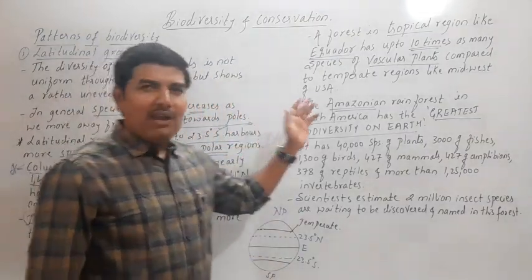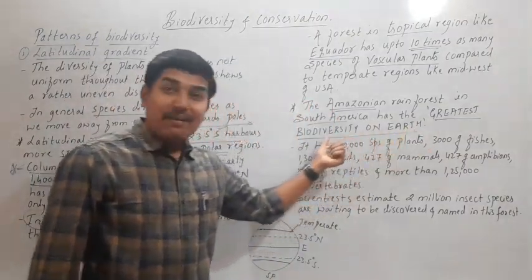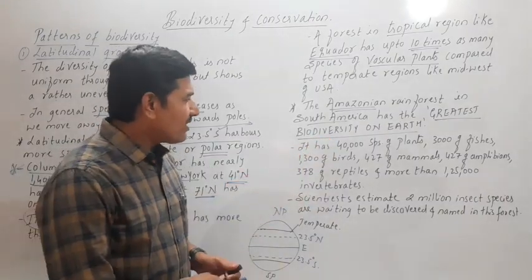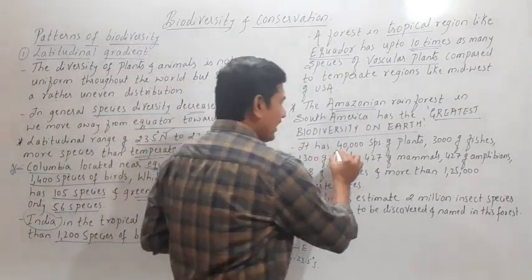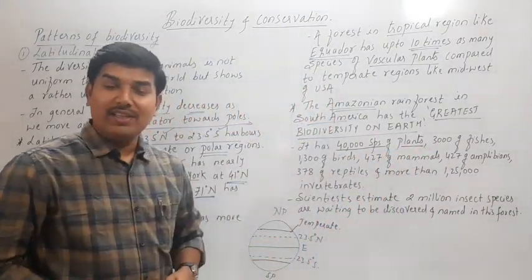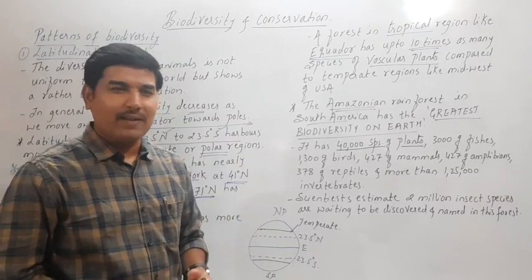Then why do we call it the greatest biodiversity on the earth? Because, look at the species here, it has 40,000 species of plants. Most important, these are again facts and figures only.